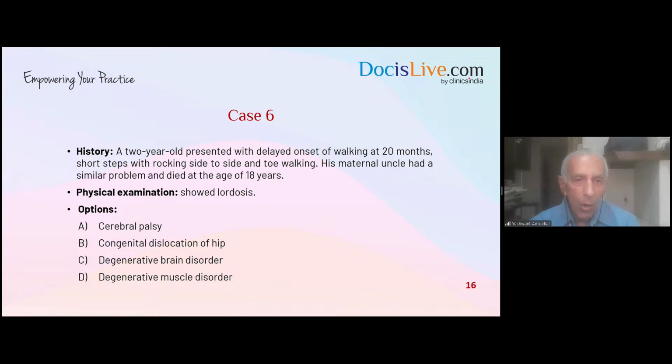He's waddling like a congenital dislocation of the hip. But that is because both his gluteus muscles are weak and he also has toe walking, which means it's not only the gluteus but also the foot muscles that are getting weaker. And I'm happy that you all picked this up so easily and well. Can I have the next slide, please?